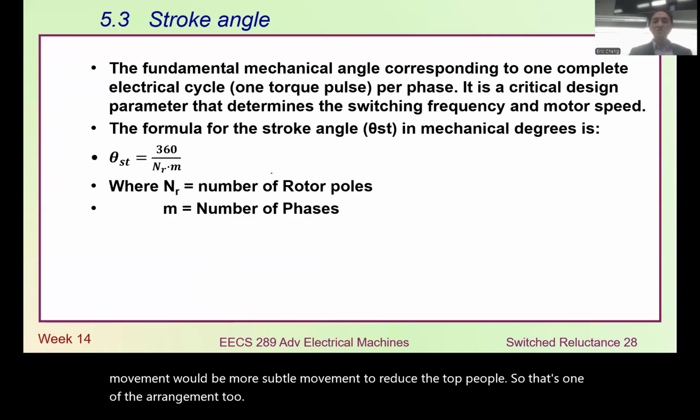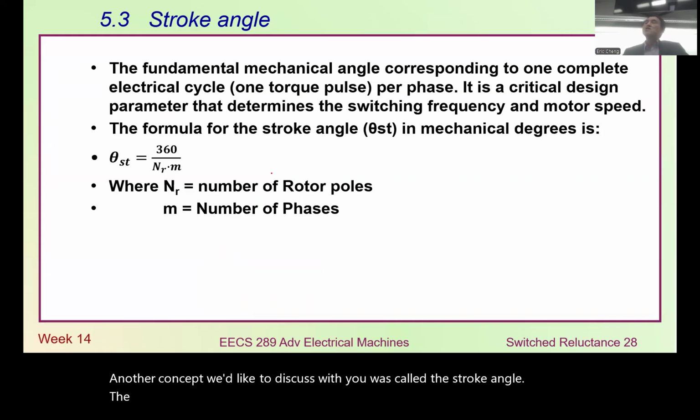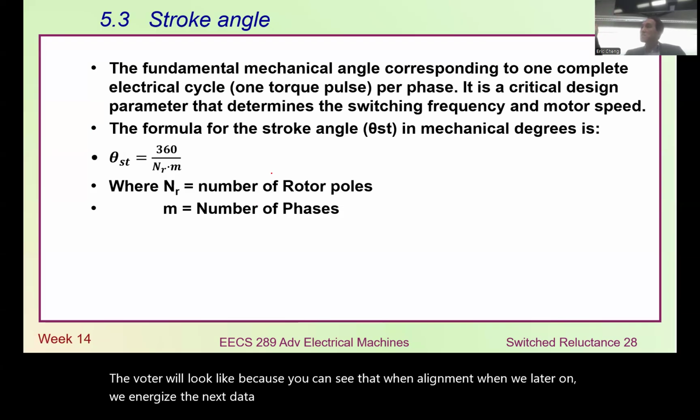Another concept we like to discuss with you is called the stroke angle. The stroke angle means when we energize each one of the stator poles, how much the rotor will move. Because when aligned, when we later energize the next stator, there's another movement, then another movement.